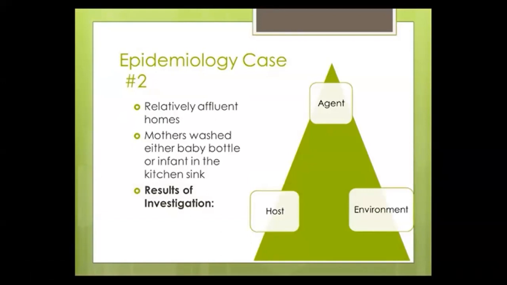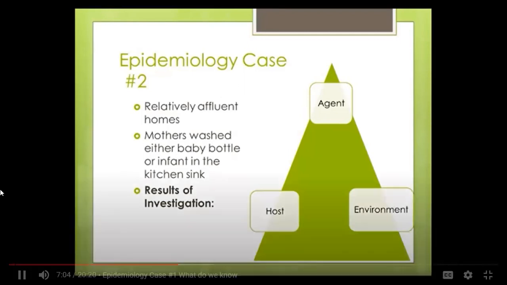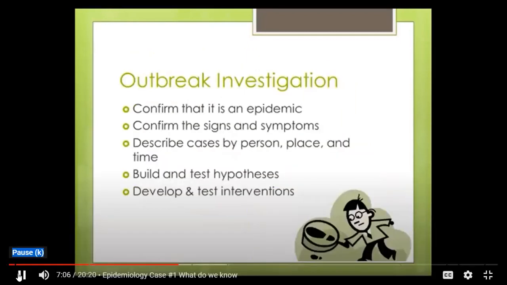And then upon further investigation, they found that the Johnson County Fair had been held previously and that chameleons were given to children as prizes, and that those cages that the chameleons lived in had been washed out in the kitchen sinks prior to a baby or a bottle being washed there. So the mode of transmission was from the kitchen sink to the baby.